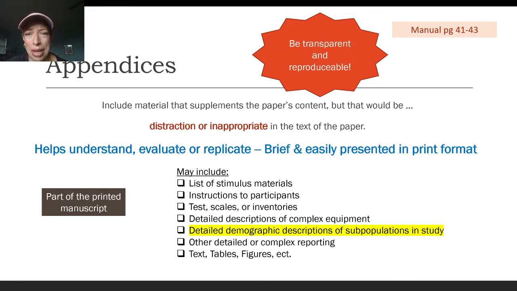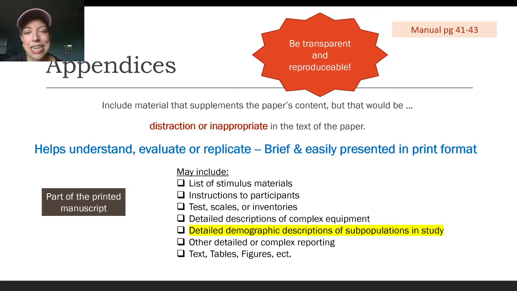So the whole point of having appendices or supplemental material is to be transparent and reproducible. Those are 2 things that I really focus on, because that's where science as a whole is going to make our field better. So any material that might be distracting or inappropriate to include in the main manuscript can also be included at the end for purposes of transparency and reproducibility.